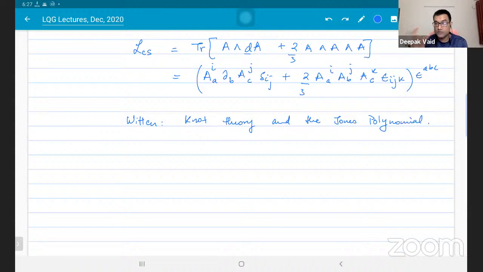So you have to talk about how these loops can be combined with each other and what happens when these loops intersect. The result is that you get a certain algebra; you're talking about knotting and unknotting, right?